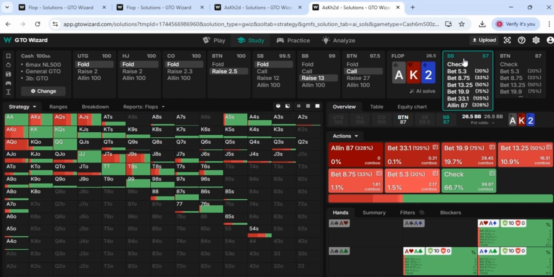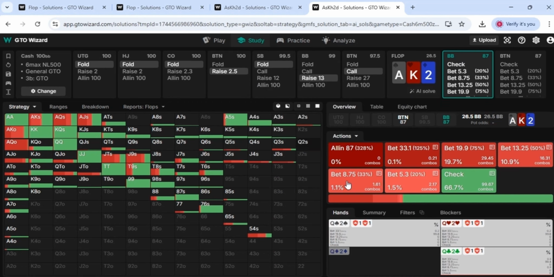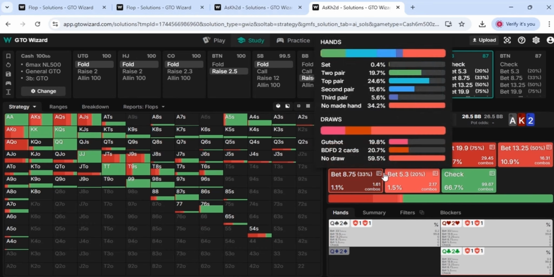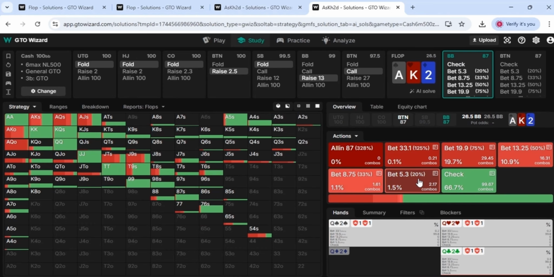So two huge differences. In the first spot, in the small blind 3-bet versus button on an ace-king 2 board, you want to go small mostly, and you're almost ranging. Now in this spot, you're almost never using a bet 20 and you're mostly checking. Two huge differences, and all I did was change a big blind 3-bet and a small blind 3-bet.